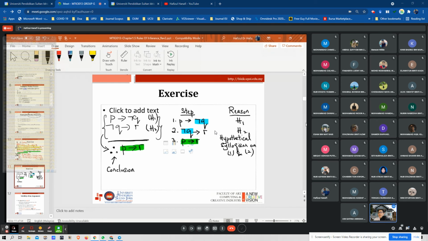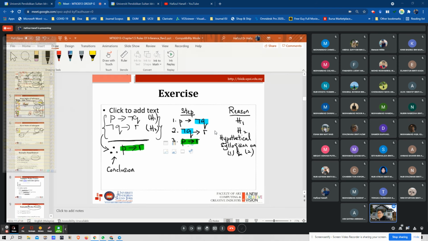Dia nak replace apa? Ya ke? Betul ke? Kamu main game tadi? Habis? Saya terangkan tadi kamu tak ni. Tengok balik hypothetical.